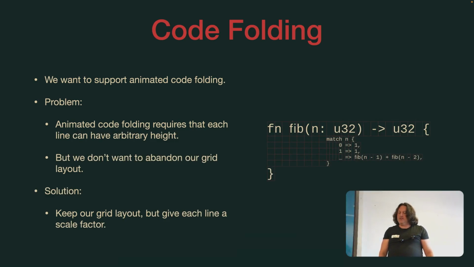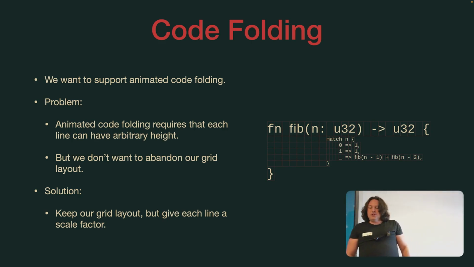So this is a feature that Rick originally thought up, and I think is very cool. We want to support animated code folding. So when I press a button, I want all the contents of the function blocks to fold into nothing, and I want that folding to happen with an animation. One problem with that is once you have animated code folding, now each line can have an arbitrary height. But we don't want to abandon the grid layout that we established earlier.